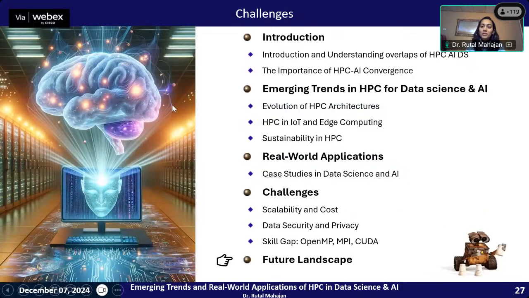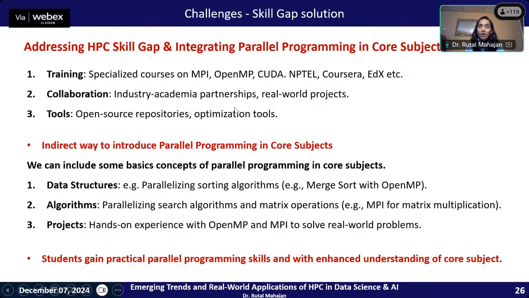Python is very popular for AI and data science applications, but if we want to deploy those applications on HPC systems, we need to work closely with the memory and parallelism, meaning how they will interact with the hardware.